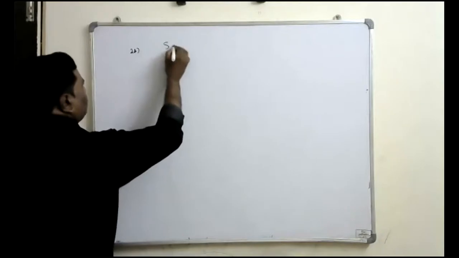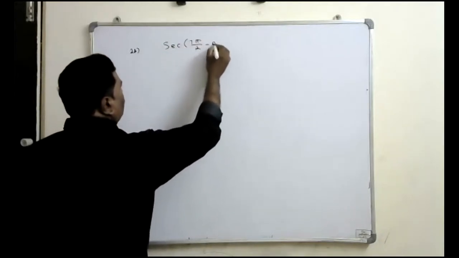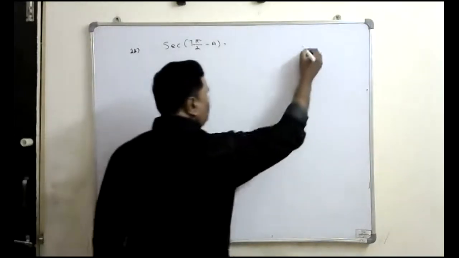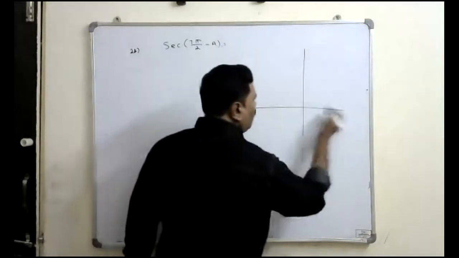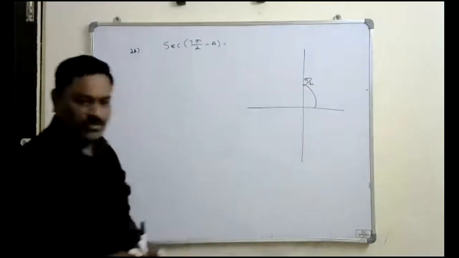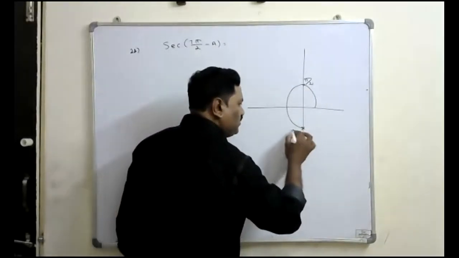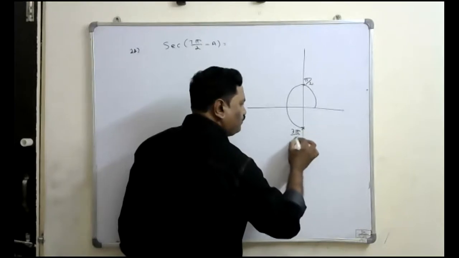It is given that secant of 7 pi by 2 minus a. So if we consider this 7 pi by 2, actually if you go one rotation up to here, this is 90, means pi by 2 lies on the positive y-axis. Then up to here, this is the angle 3 pi by 2.